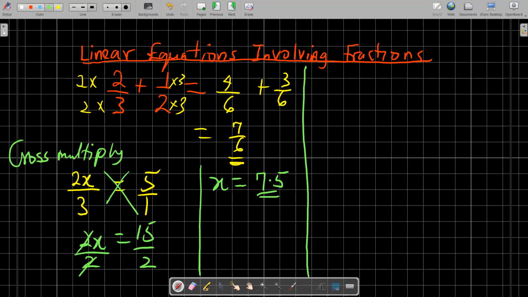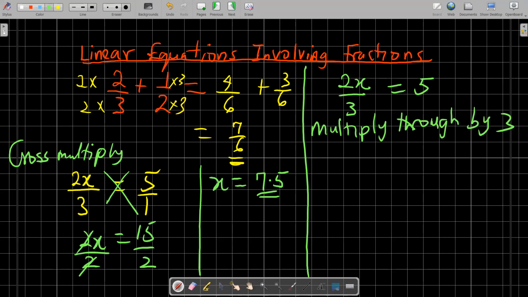Oh, one more thing. Sometimes you can decide to solve the same equation, 2x over 3 equals 5, by multiplying through by 3. By 3 in the sense that 3 is the lowest common multiple between the fraction on the left-hand side and the fraction on the right-hand side.